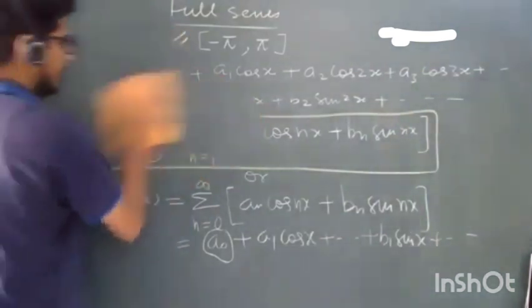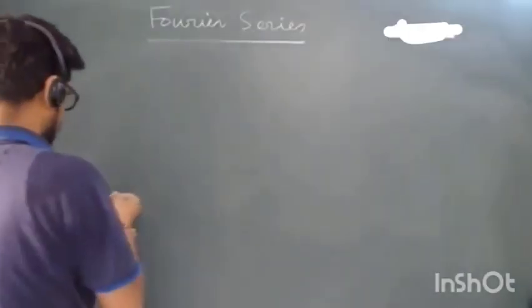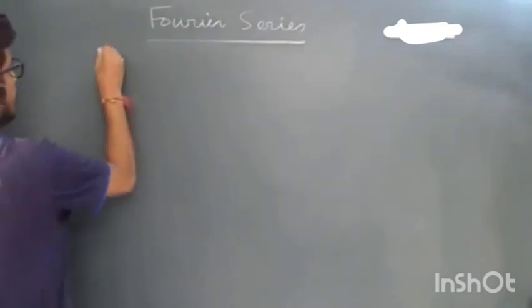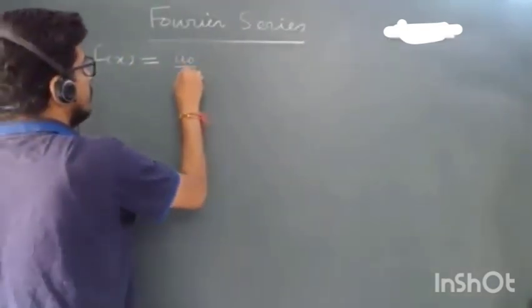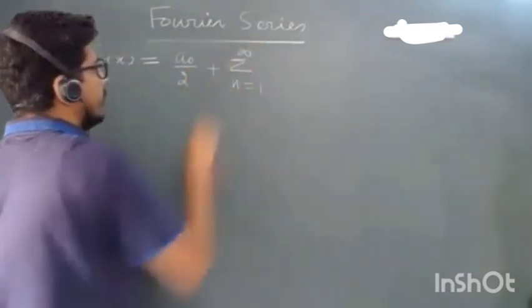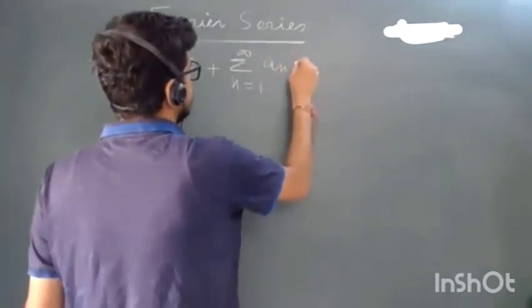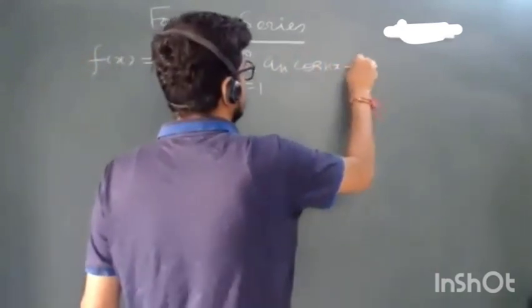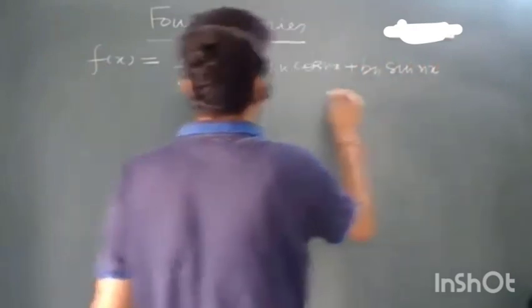So let me quickly now write the coefficients of the Fourier series, and suppose I take this one first. f(x) is equal to a naught by 2 plus summation n is equal to 1 to infinity a_n cos nx plus b_n sin nx.